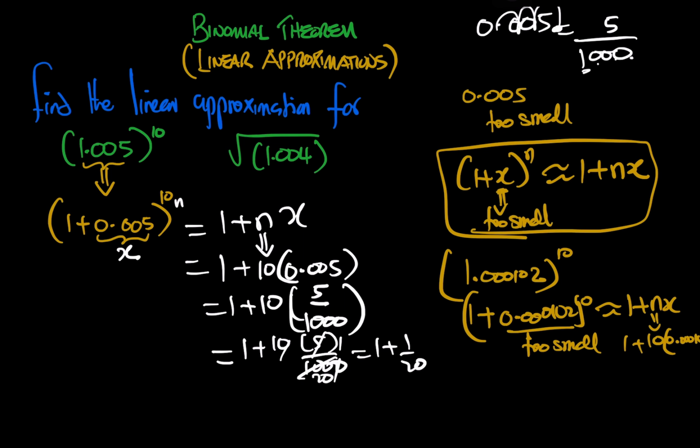So what if we are told to approximate the square root of 1.004? That's the same as 1.004 to the power of half, but we say that 0.004 is too small.